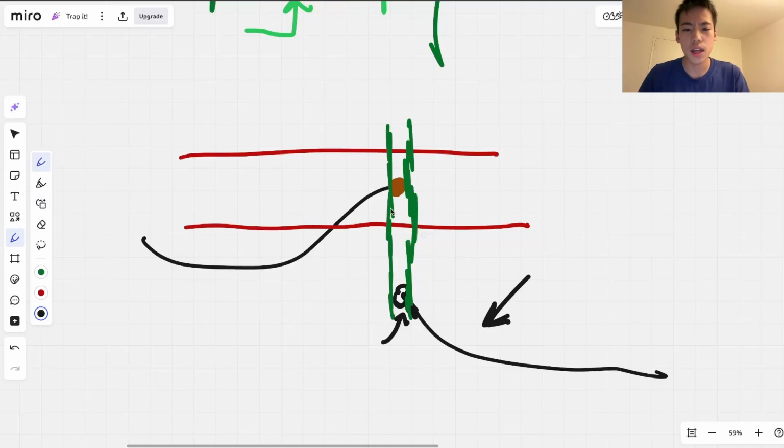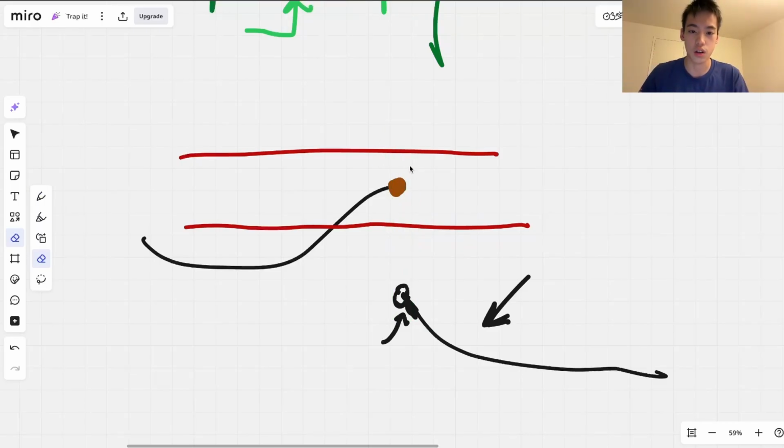Intuitively, even if we remove the green lines, since we have to pick a left green line and a right green line, the right green line is always going to cover some area that isn't to the right of the brown point.